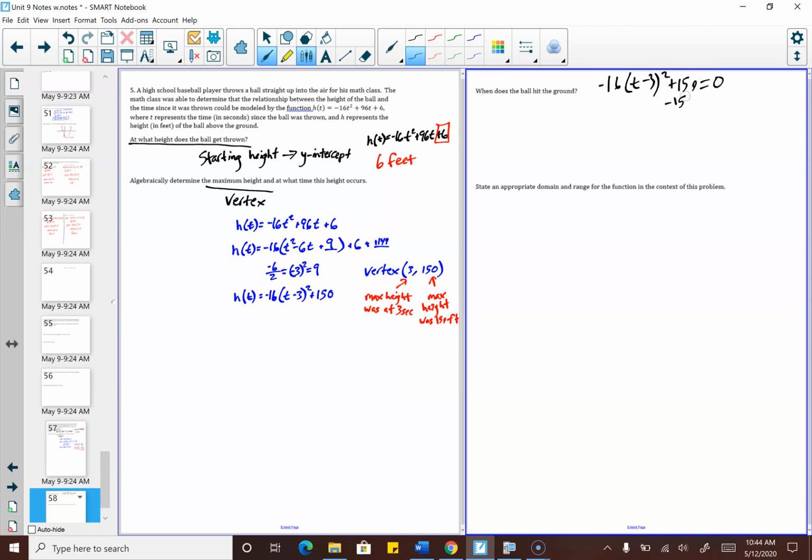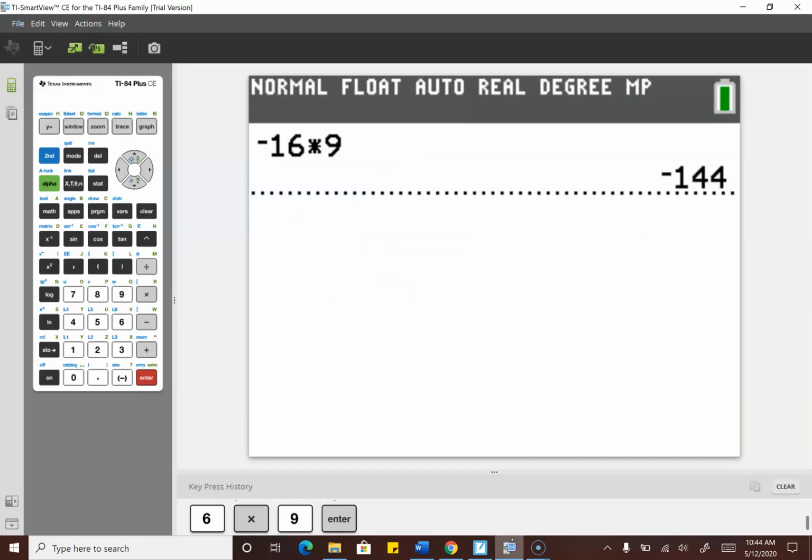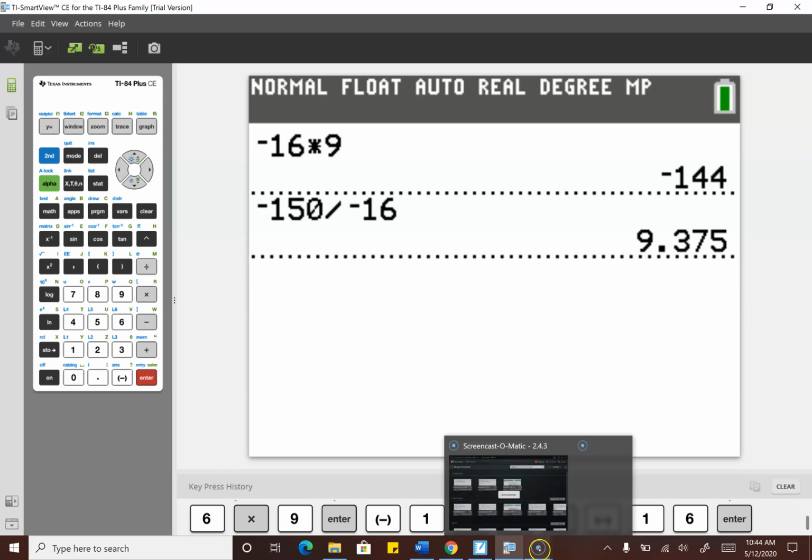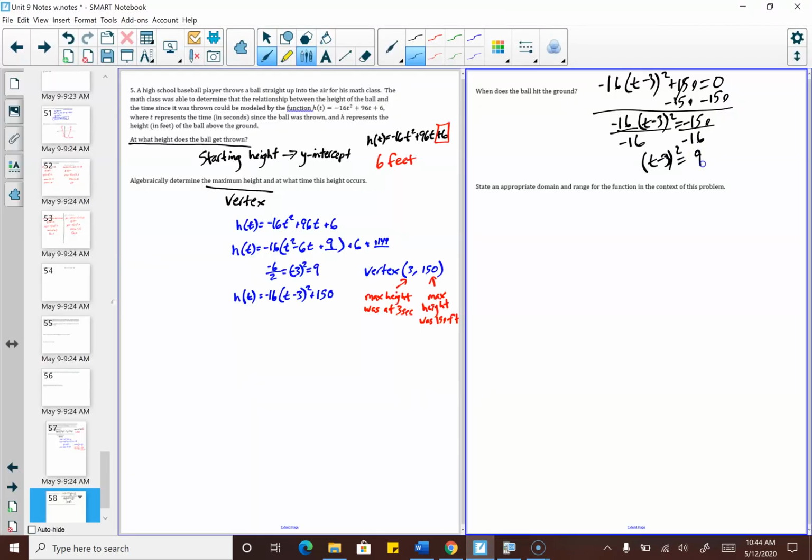In order to solve this, I'll start by subtracting my 150 on both sides. −16(t − 3)² = −150. Divide everything by −16. I get (t − 3)² equals, now let's go to our calculator, −150 divided by −16 gives us 9.375. Sure, we'll go with that. You could also keep that in a fraction if you would like.